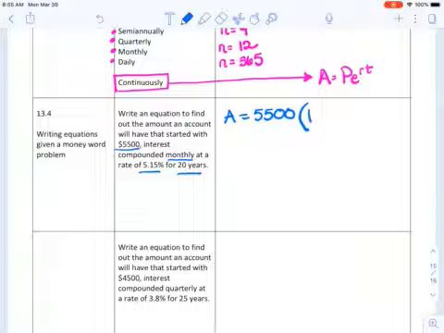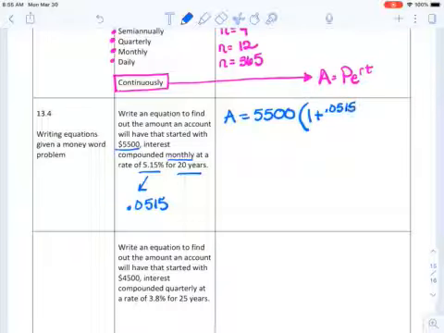It's 1 plus, and again, what's my rate? 5.15% means 0.0515. N, again, is the number of times that it's being compounded per year, so this is monthly.